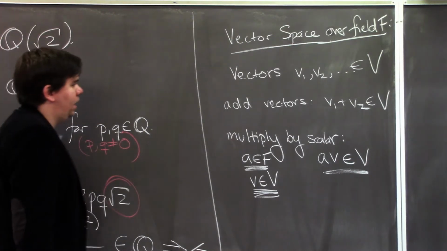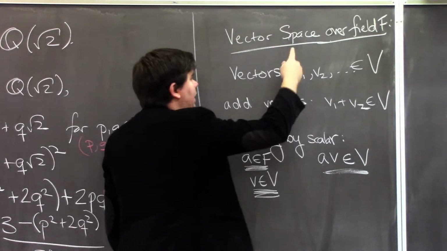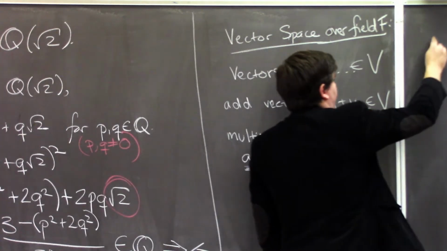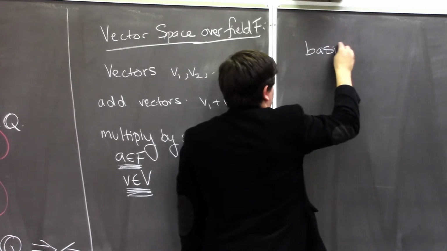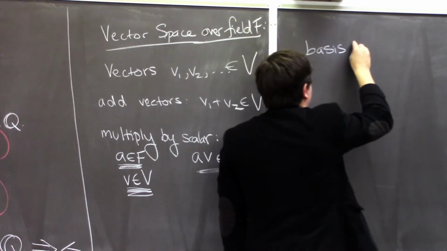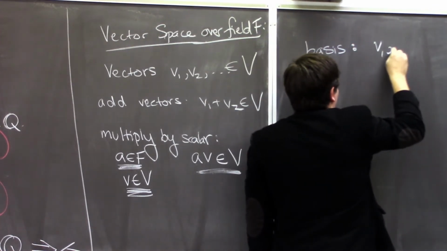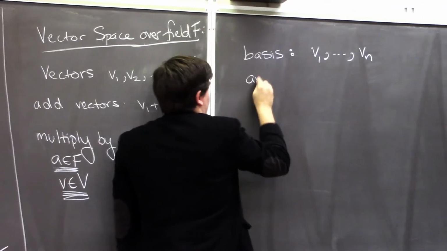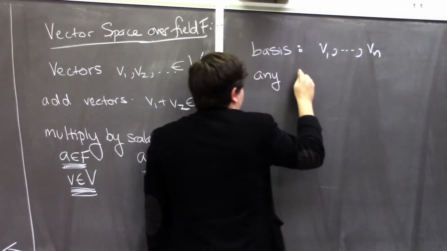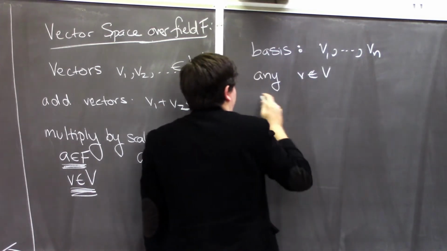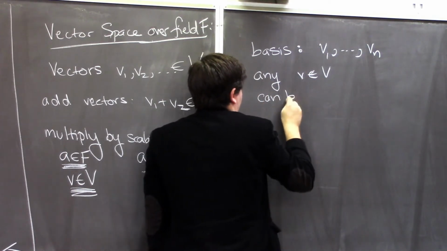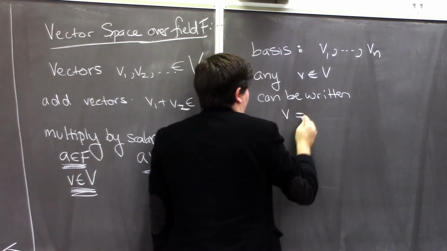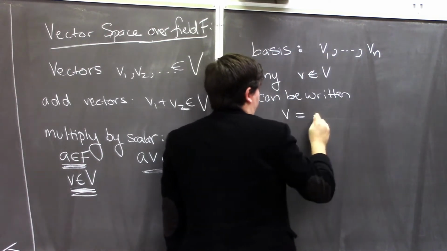And then this gives you the idea of a basis for a vector space. So what does it mean for a vector space to have a basis? Well, if your basis is some vectors v1 through vn, then that means that any vector in your vector space can be written as v is some linear combination of v1 through vn.